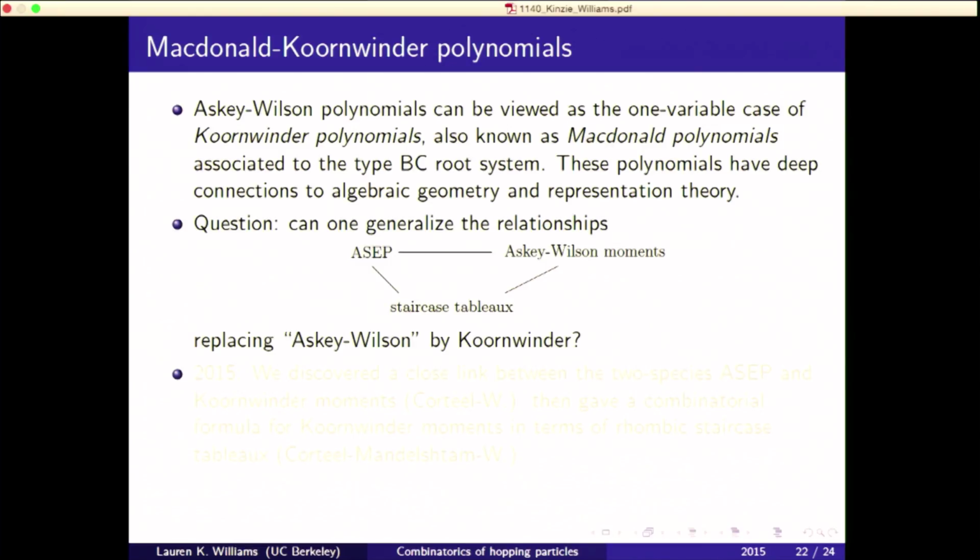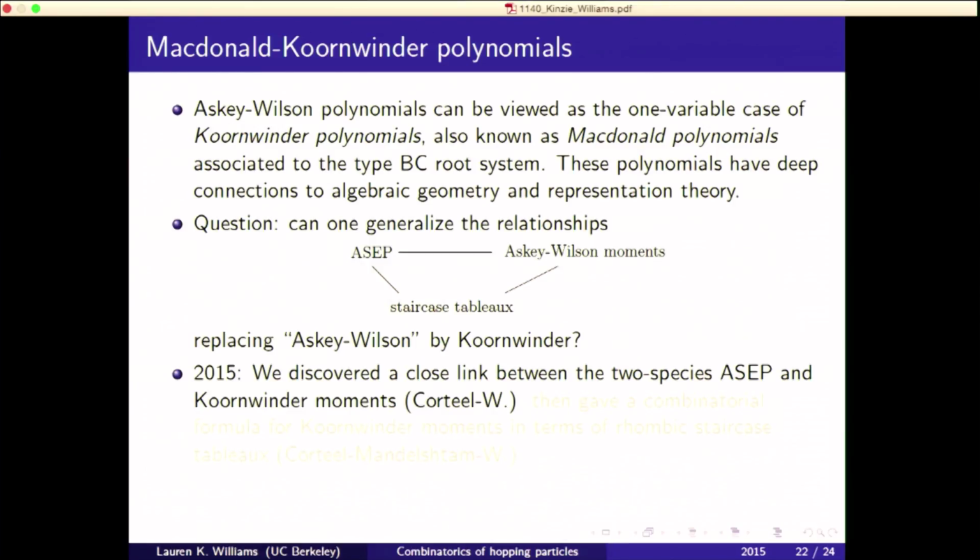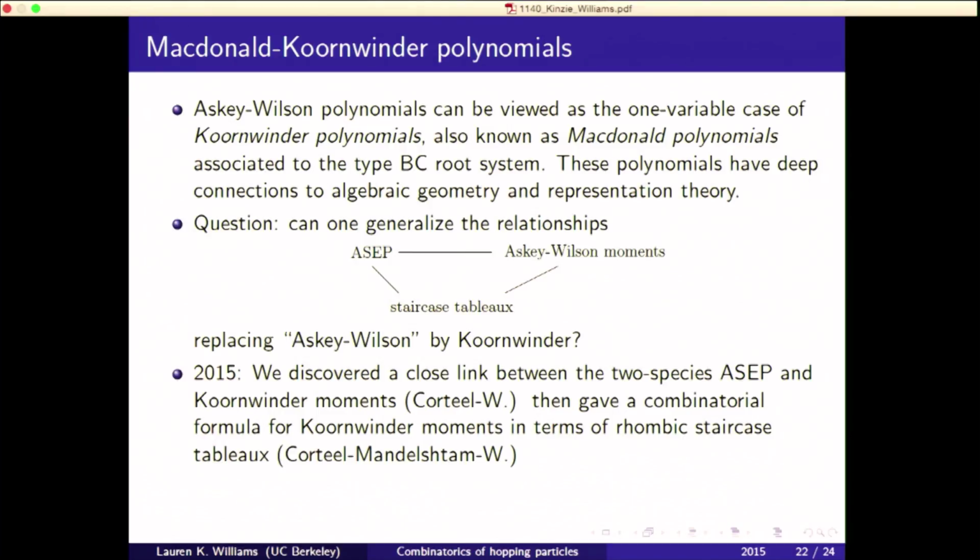There's many ways, a priori, to generalize it, and it wasn't clear how to generalize the combinatorial objects. But it turns out that the two-species ASEP, which I showed, is the right version of the ASEP, and then the rhombic tableau were invented for the purpose of understanding both the two-species ASEP and the Koornwinder moments.